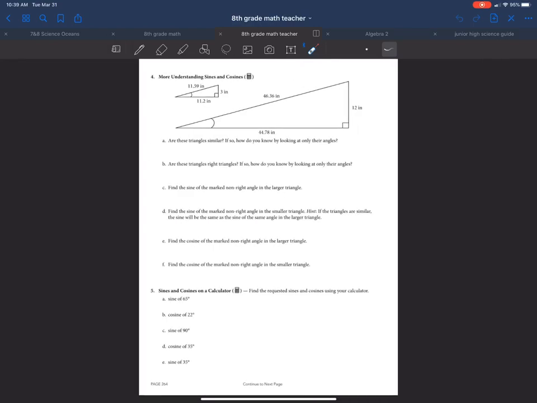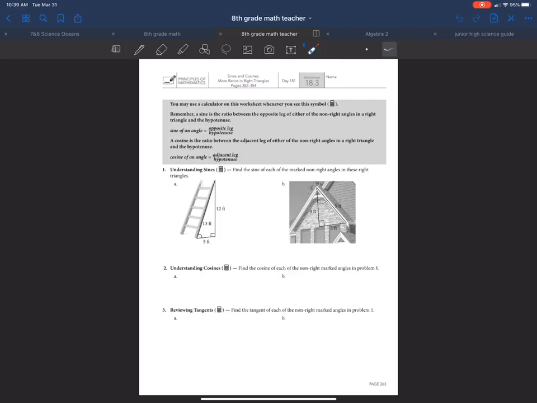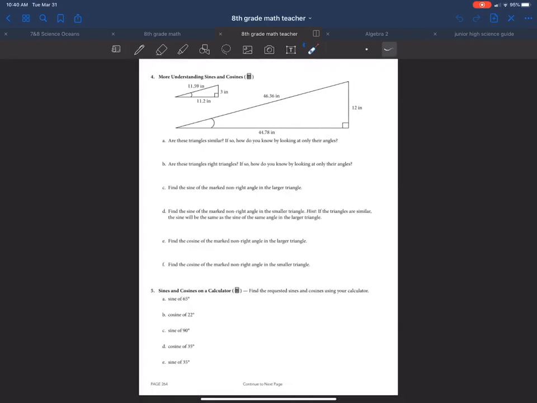You will have to find the sine and the cosine for each one of these triangles that are given to you, okay? And so you will find the sine for these two, and then you will find the cosine, and then you will find the tangent for each one, okay? So just read those carefully. Here as well, you will do that.